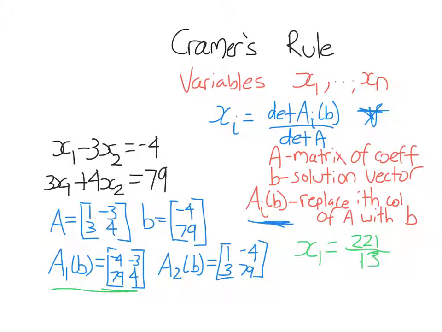So x1 is just 221 divided by 13, which gives me 17. So x2, I find the determinant of A2 here, so it's 1 times 79, plus 4 times 3, which is 91, over determinant of A, I already calculated, was 13. So the solution here is x1 equals 17, x2 equals 7.